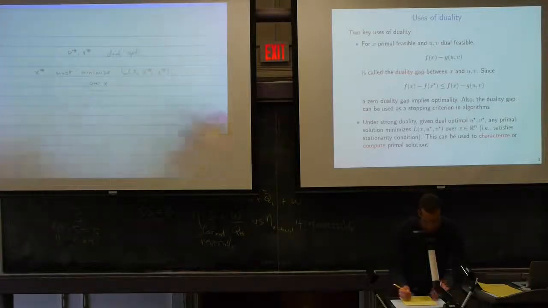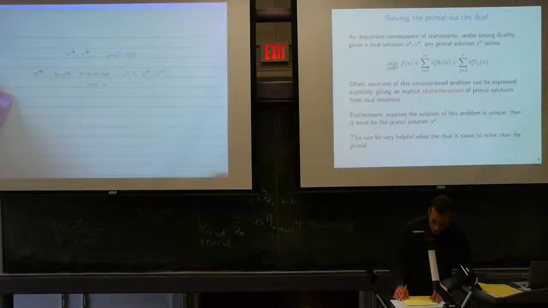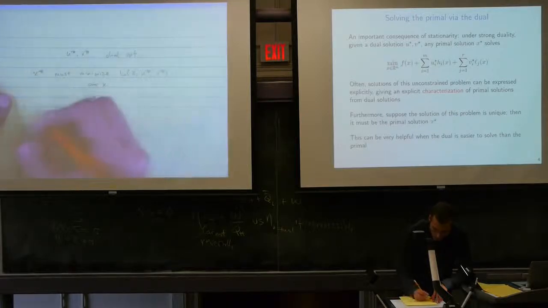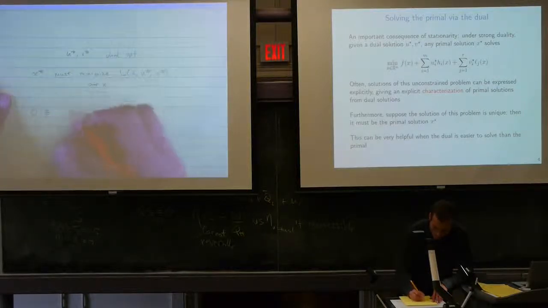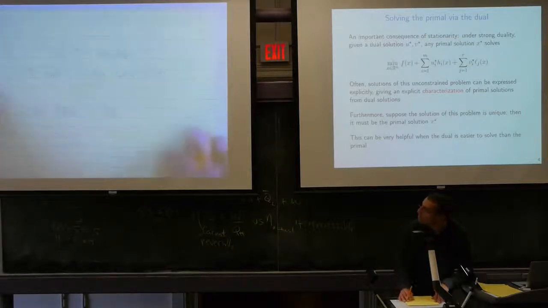Writing this out in slightly more detail, this means that we look at when we have a subgradient, for example, of this being 0. So we just try to solve this expression for x. This is how we usually write stationarity.